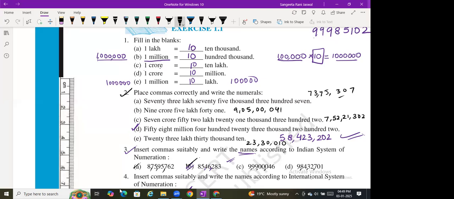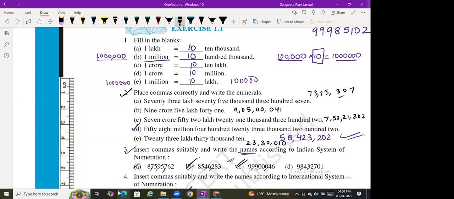Adya, tell me the C bit. Okay, ma'am. 9 crores 84 lakhs 32,000. This one, C bit. Okay. 9 crores 99 lakhs 46. Okay, good.